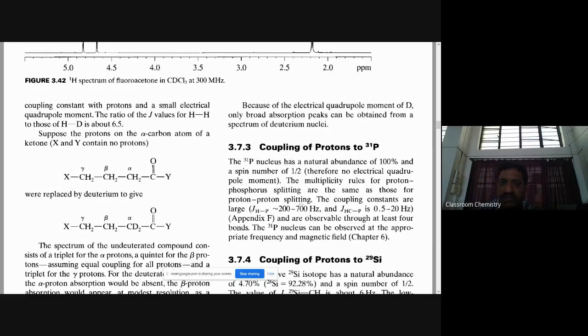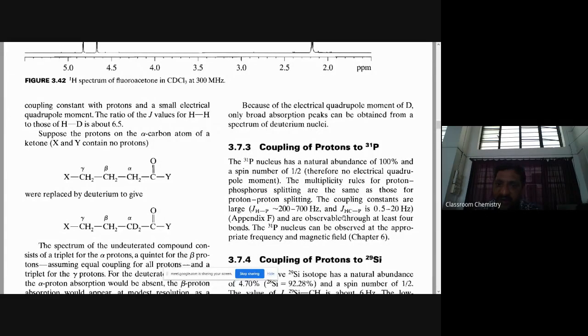You know the HH coupling. That HH coupling is similar to HP coupling. But the coupling constants are large. The J value for hydrogen directly coupled with phosphorus is nearly 200 to 700 hertz.